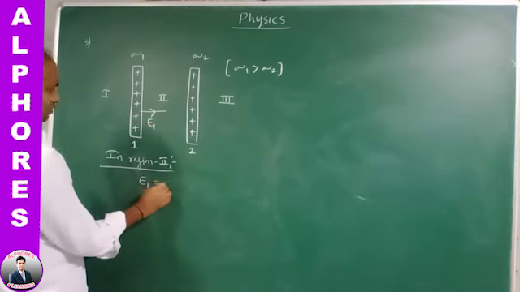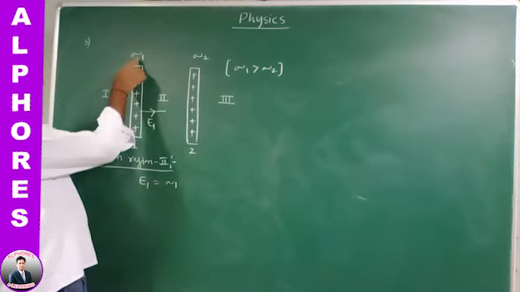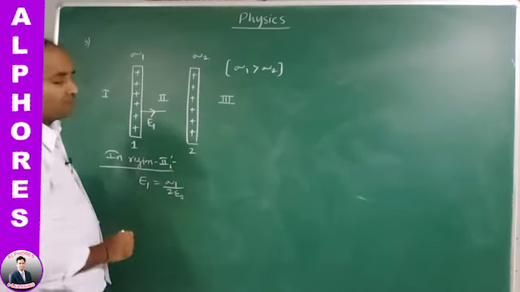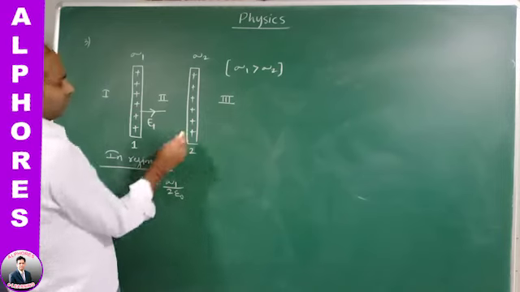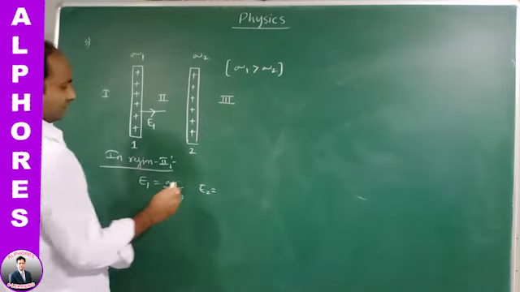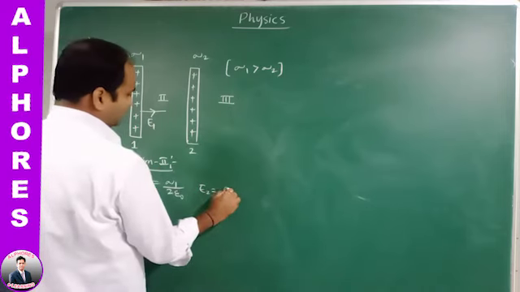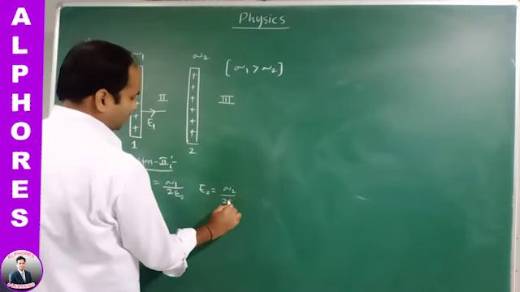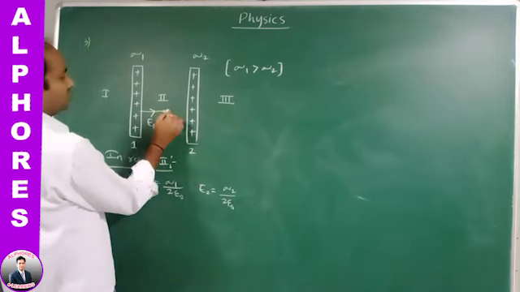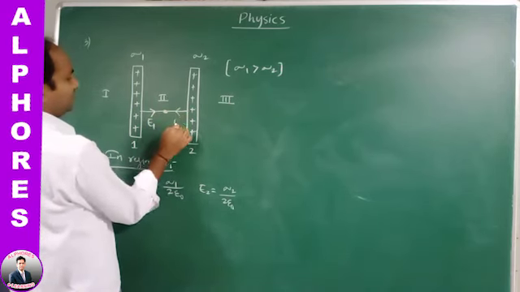E1 is equal to sigma 1 by 2 epsilon naught, the surface charge density sigma 1. And E2 is also for a non-conducting plane sheet with surface charge density sigma 2, so E2 is equal to sigma 2 by 2 epsilon naught. Its direction is radially outwards, so this is the direction of E2.